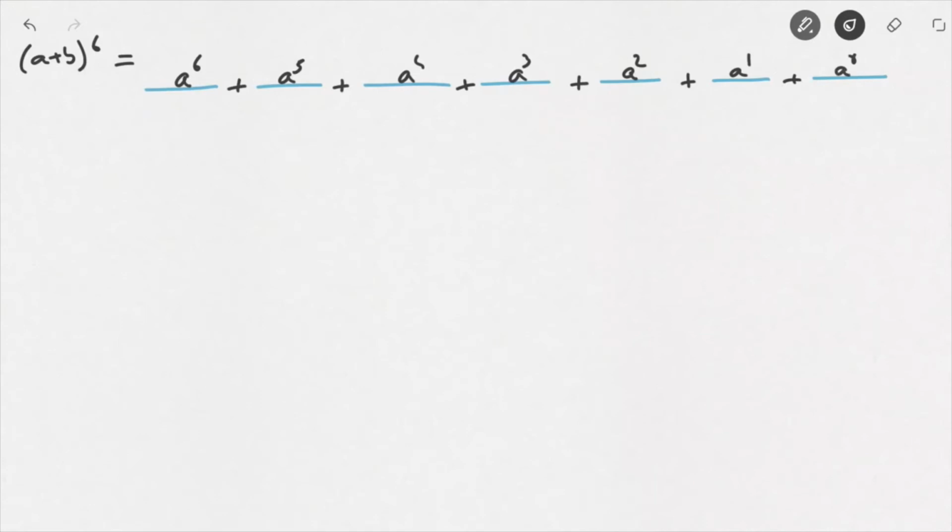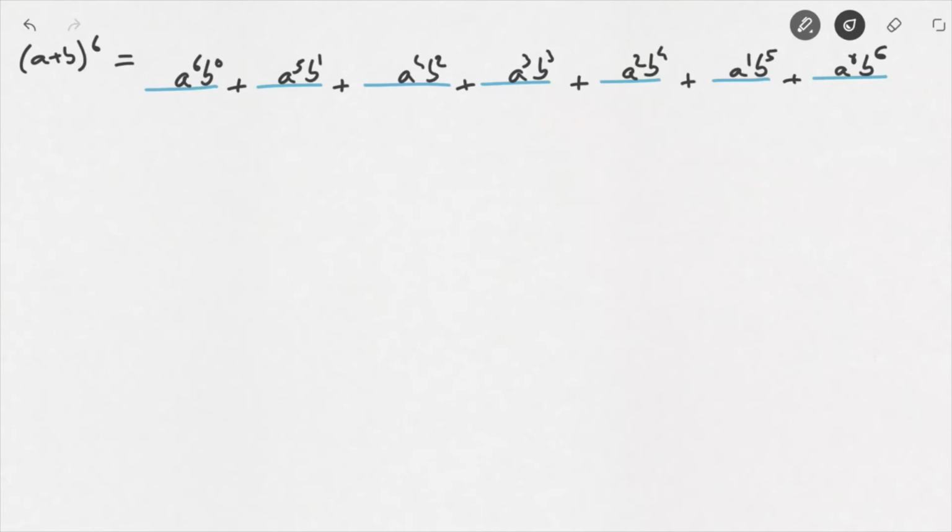The powers of b, remember, should be doing the exact opposite. That means it should be going 0, 1, 2, 3, 4, 5, 6. So we can add those. That's b to the power of 0, b to the power of 1, b to the power of 2, b to the power of 3, b to the power of 4, b to the power of 5, and finally b to the power of 6.